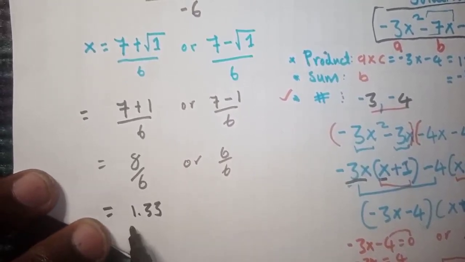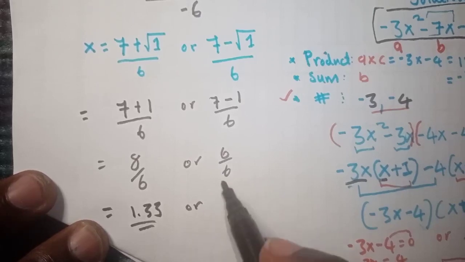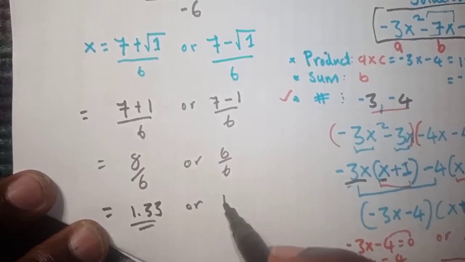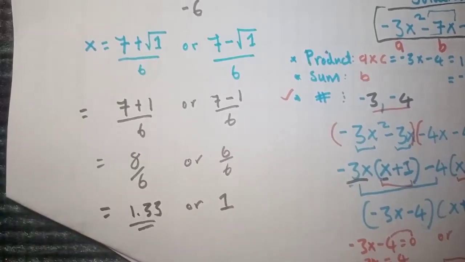So to 2 decimal places, let's see. Here you're going to get 1.